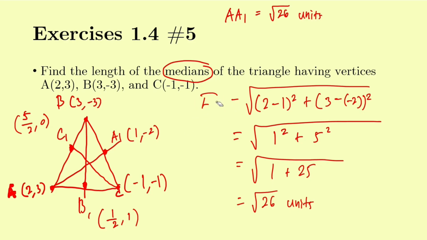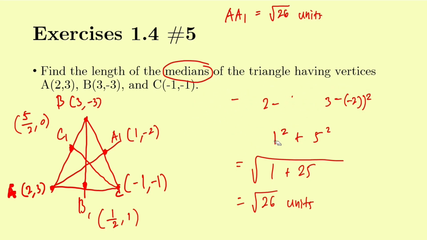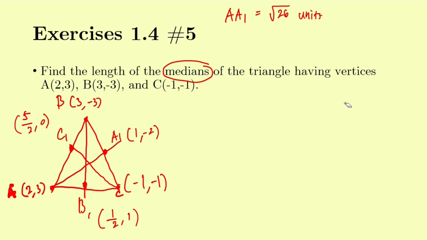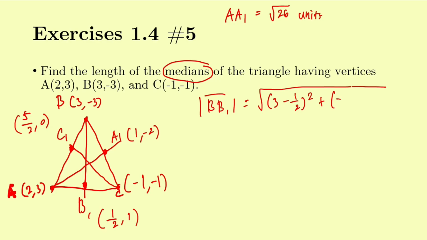For the second one, let's compute for b and b sub 1. We will use the same procedure, distance formula, and that's equal to 3 minus 1 half squared plus negative 3 minus 1 squared.